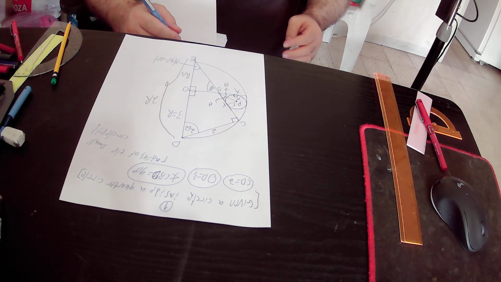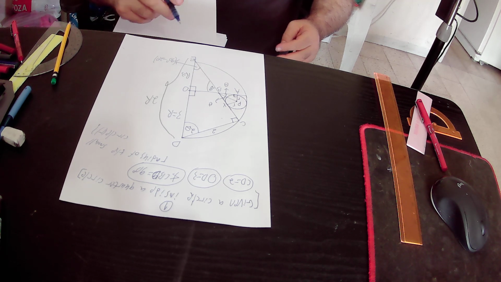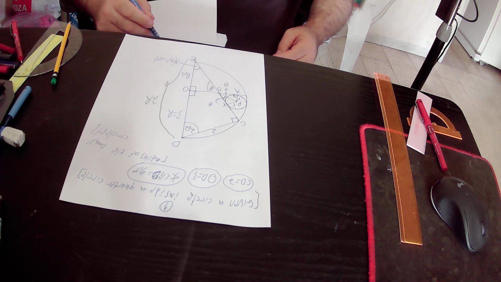So CD square is 2 square, which is 4, plus CE square equals DE square. What is the size of DE? DE equals 2R, that is to say 3 plus 3, so DE equals 6, and DE square is 36.